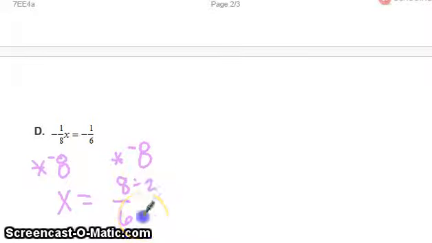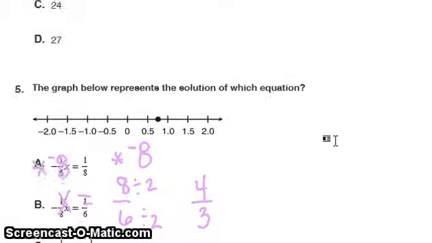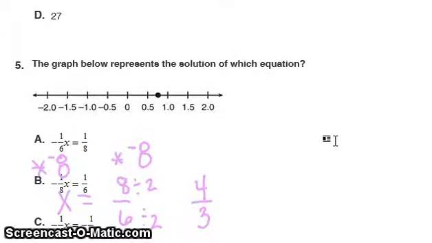If I simplify, take out the common factor 2. 8 divided by 2 is 4. 6 divided by 2 is 3. Now if you go back and look at our number line here, 4/3 as a mixed number would be 1 and 1/3. It's more than one whole. That would be like in here somewhere. Okay, we're looking at this one. So C for this one was the best choice.